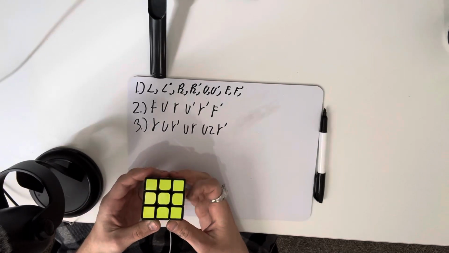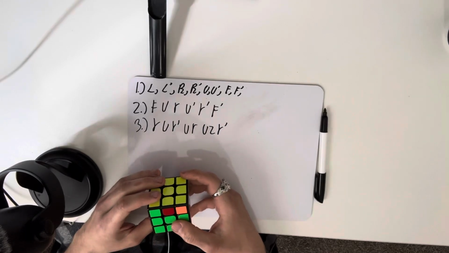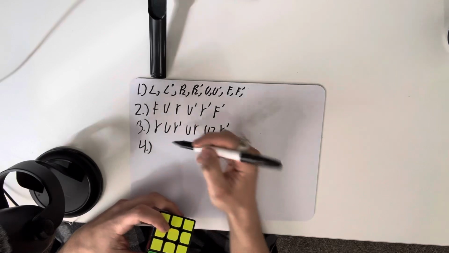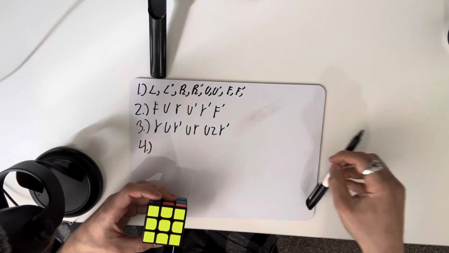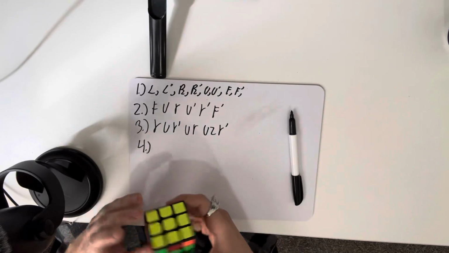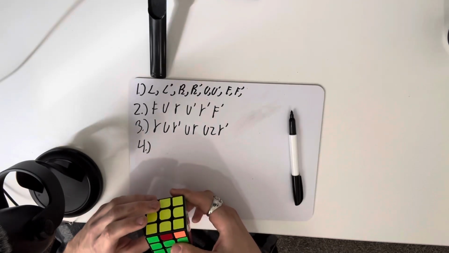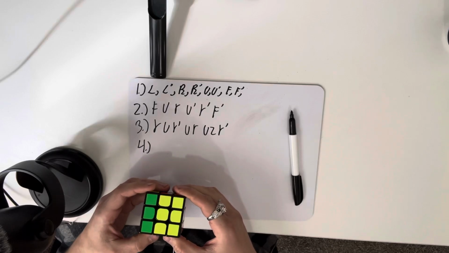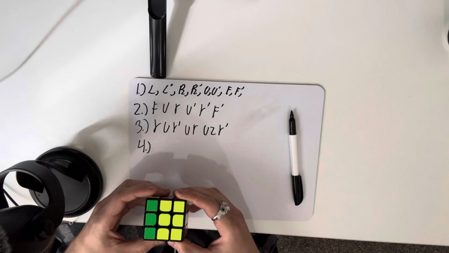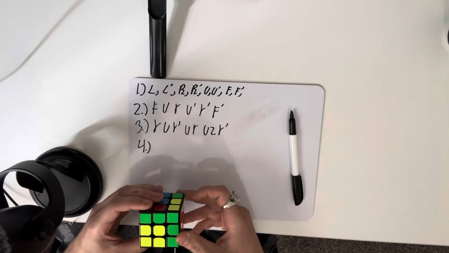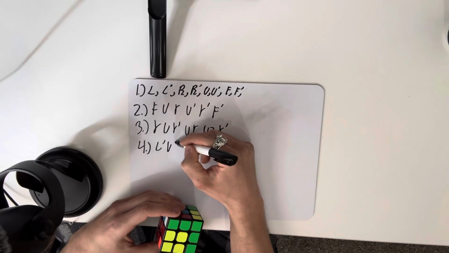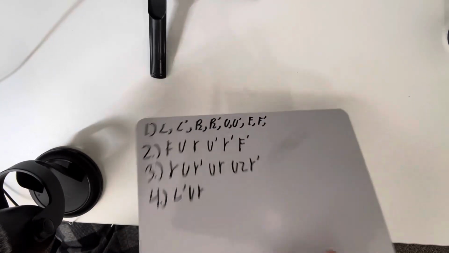Now what you do with the edges is a slightly longer algorithm. It's called a J-perm. This is just the beginner's way of doing it. You do L, or L prime, U, R. Actually, I think I have it written down.